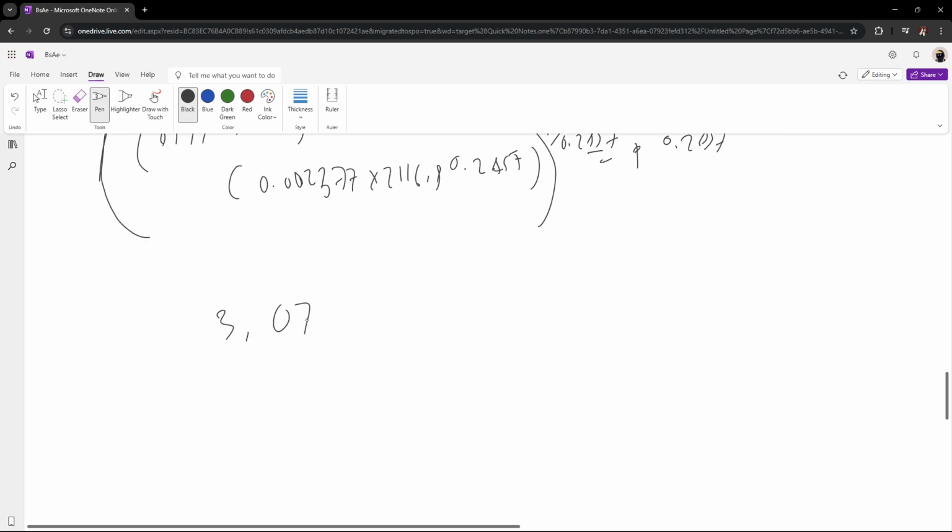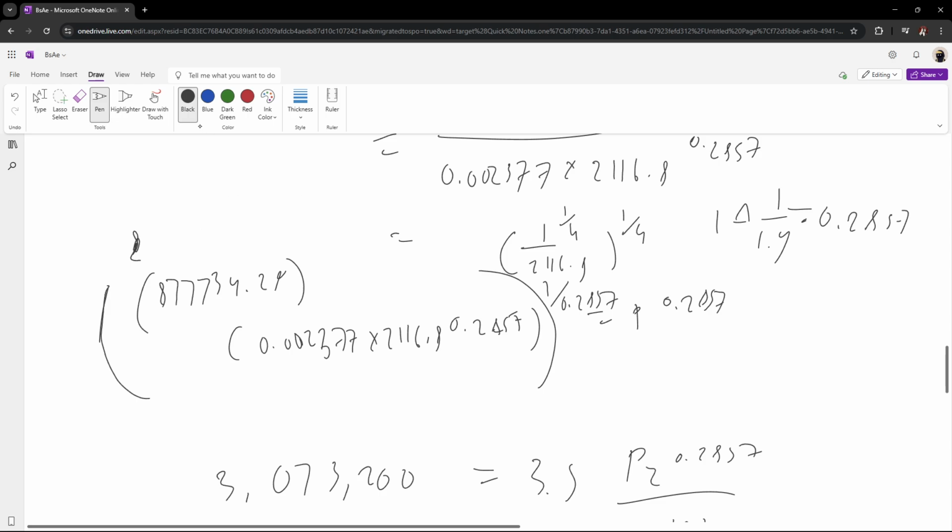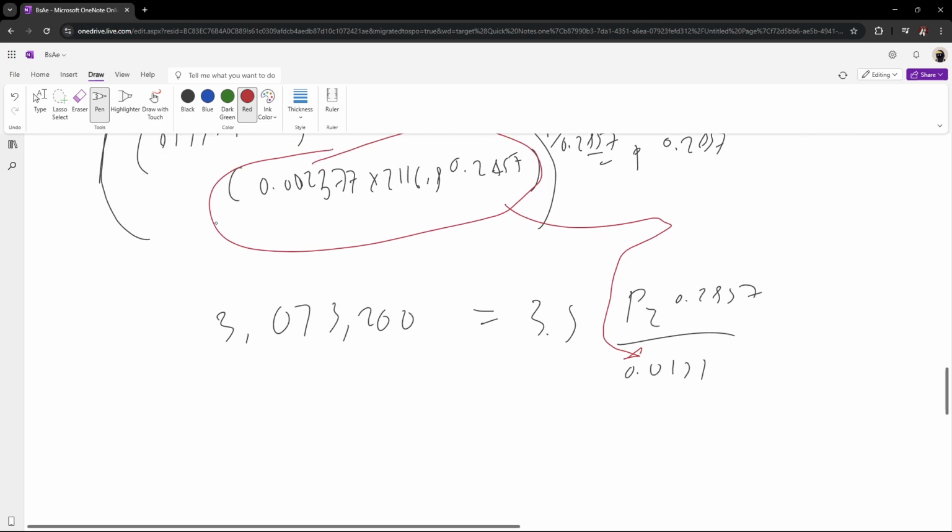So the 3,073,200 will be equal to 3.5, which is gamma over gamma minus 1, and we have P2 to the power 0.2857, times 0.0151.